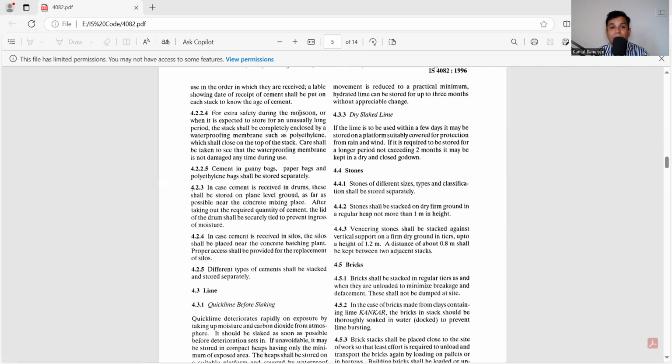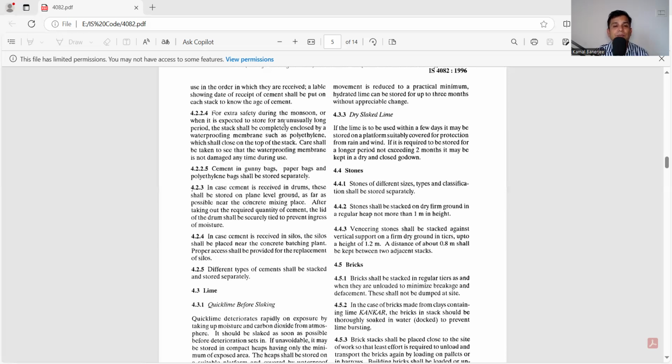That is called FIFO, first in, first out. In every stack there will be a label mentioning when it was received and its expiry date, so that we can immediately find out which bag has to be used first. So FIFO has to be maintained at stacking.